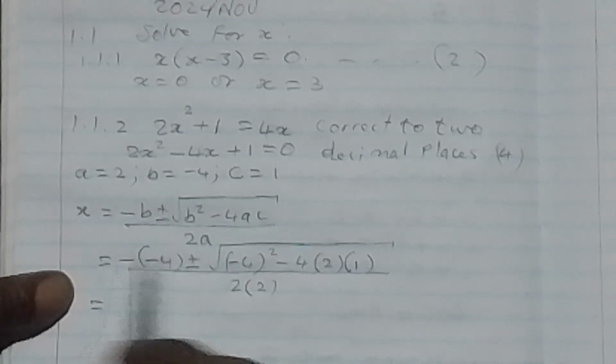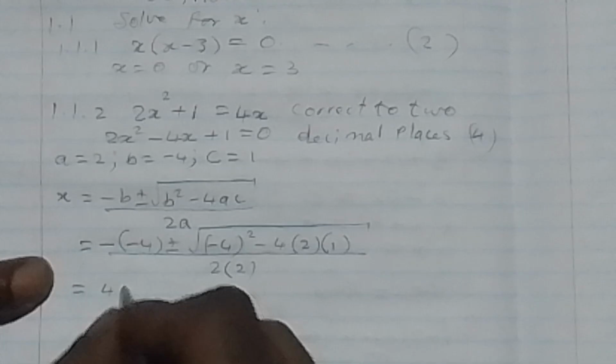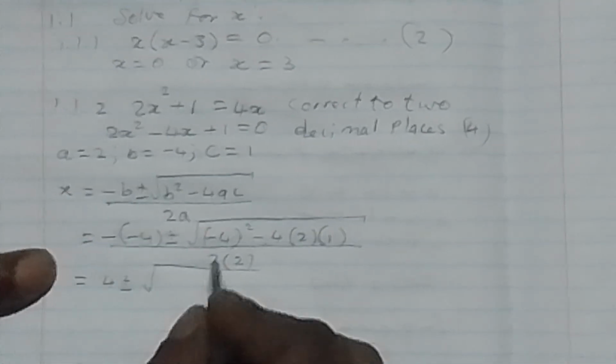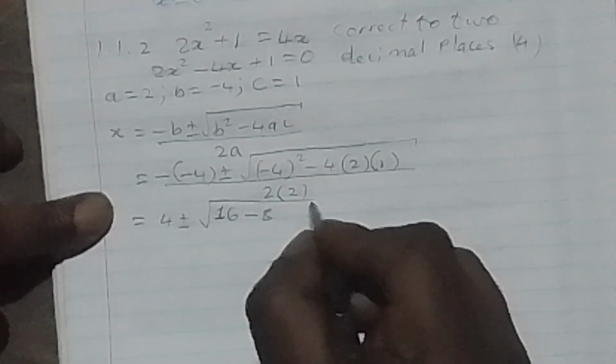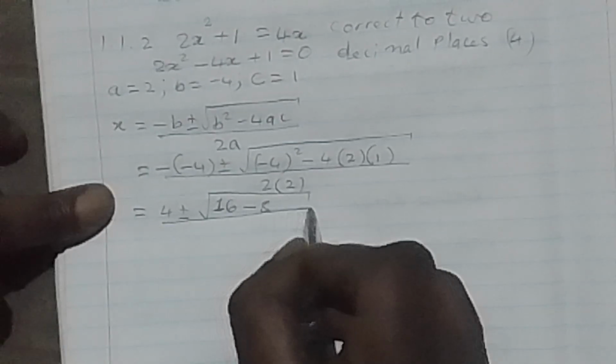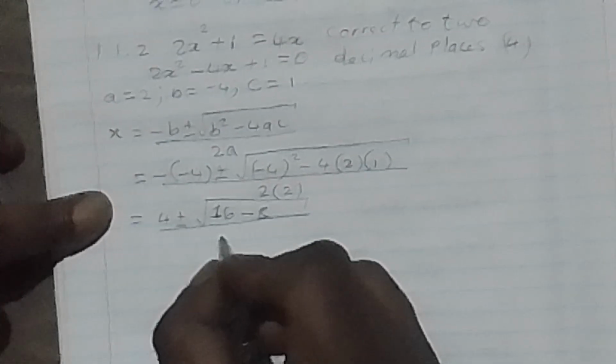Negative times negative is positive 4, plus minus the root of, minus 4 squared is 16, minus 8, all over 2 times 2 which is 4.